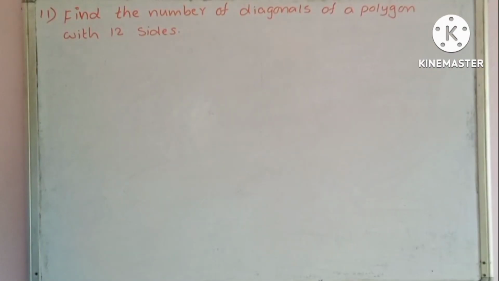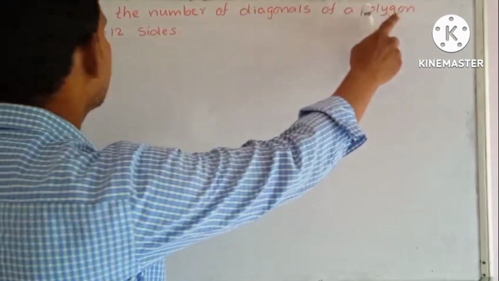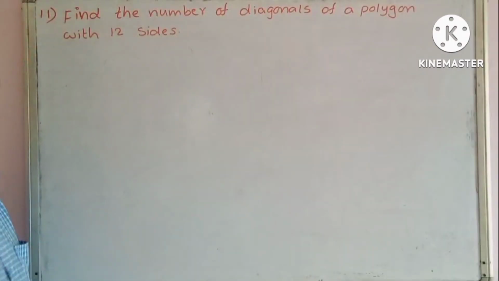Permutations and combinations, problem number 11. Find the number of diagonals of a polygon with 12 sides.